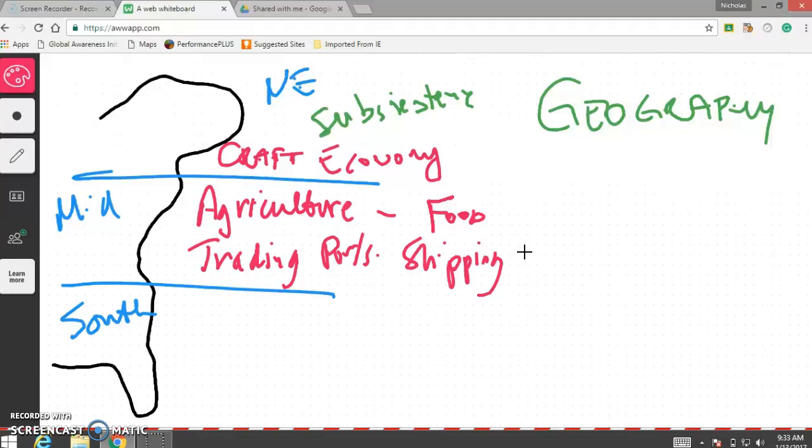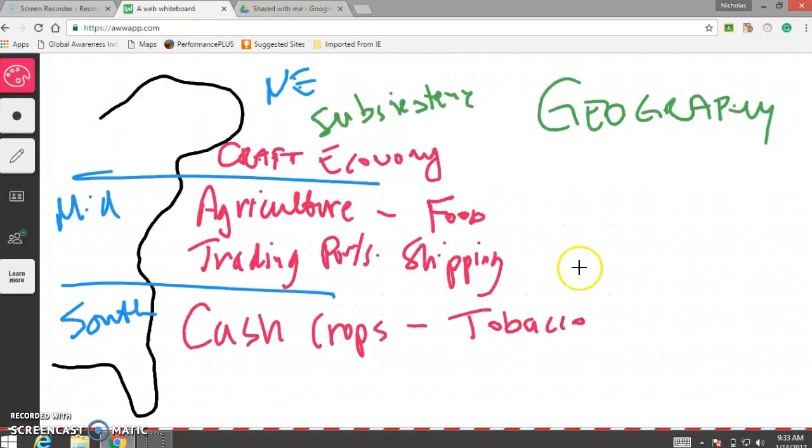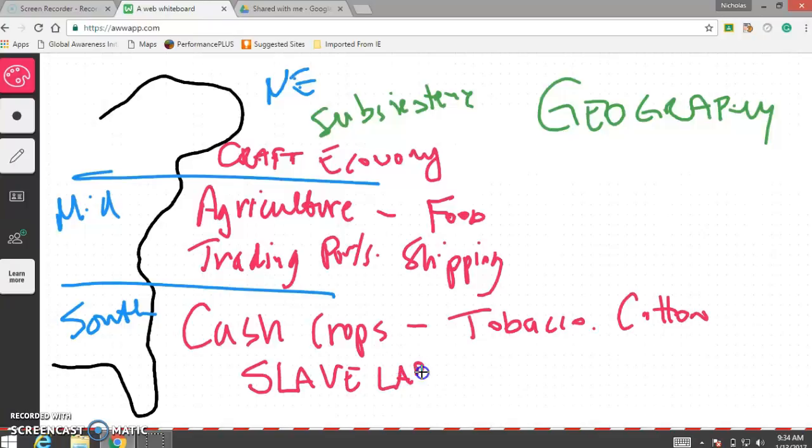And then finally, the South had the longest growing season, had the warmest climate, had long days, short winters, really nice climate for growing cash crops. And some examples of these cash crops are tobacco and cotton. And these cash crops required a lot of labor, and so Southerners turned to slave labor to grow these cash crops on a large scale.